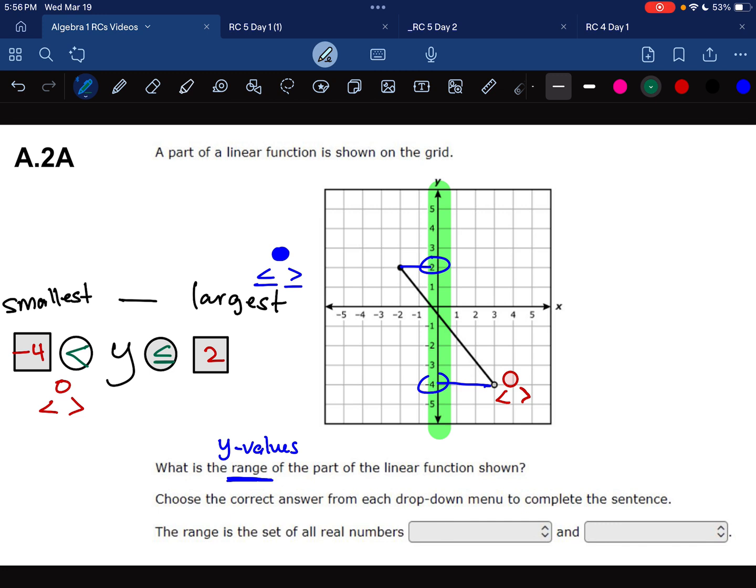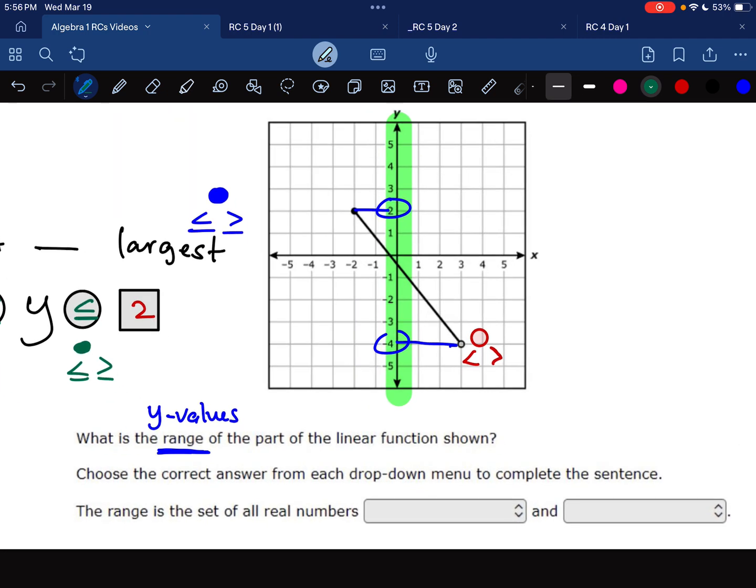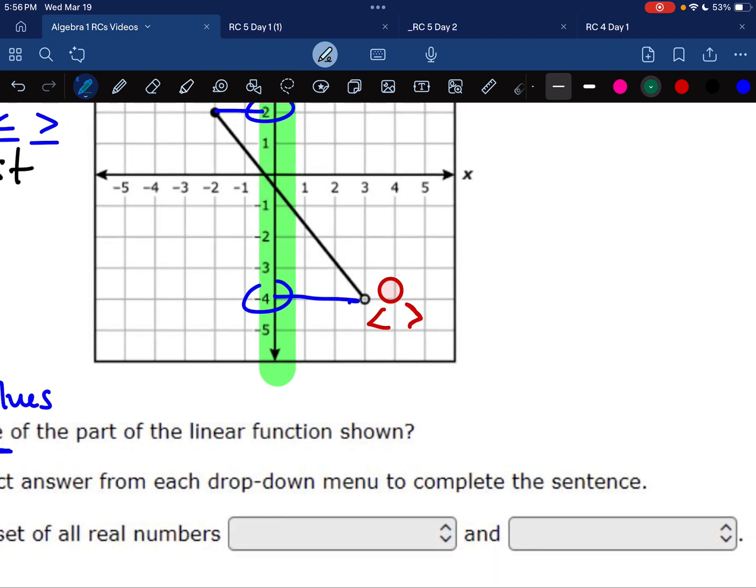The reason why it's less than or equal to is because remember, we have a closed circle. That means we're dealing with one of these. So the range is all real numbers greater than -4 and less than or equal to 2.